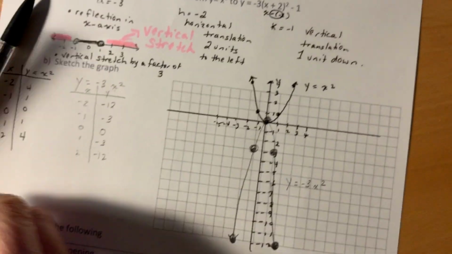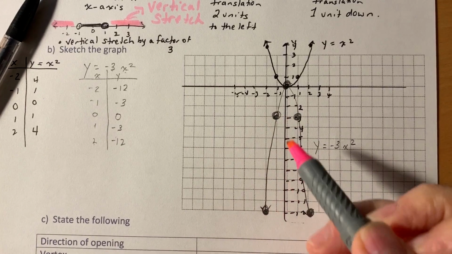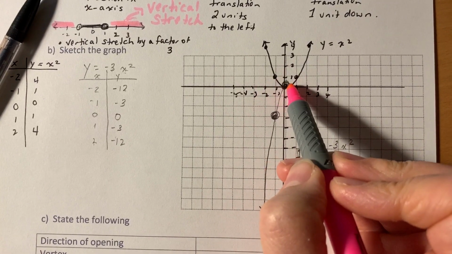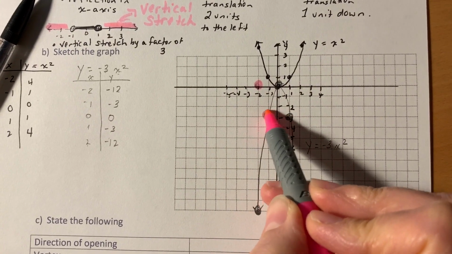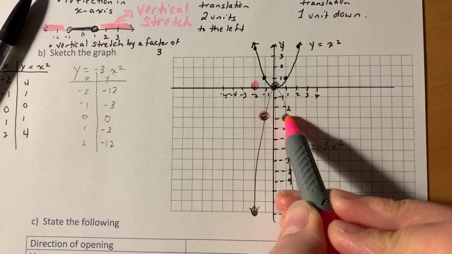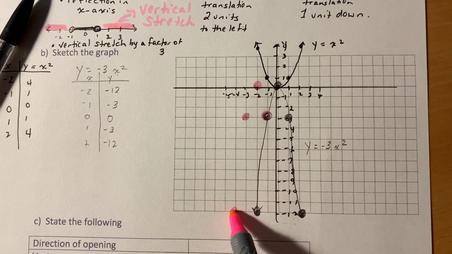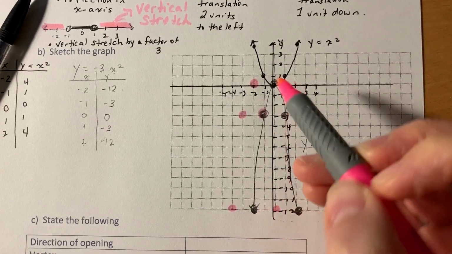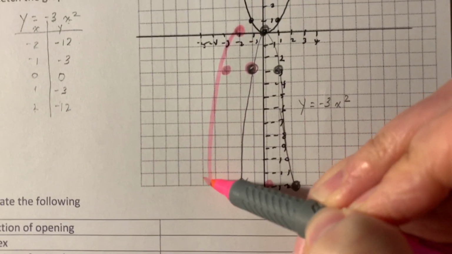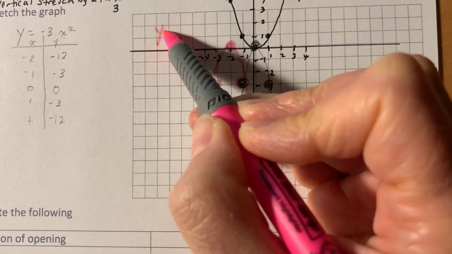So from the graph that I just did, I take each of these 5 points and move them left 2. Now this one goes over to the left, this 2 to the left, and this one 2 to the left. And there I've got my H. And then of course you label it.